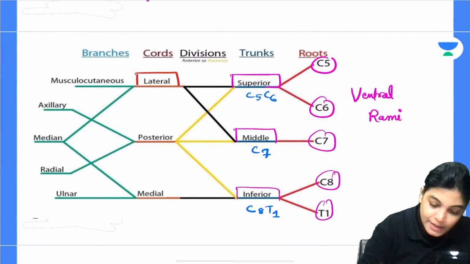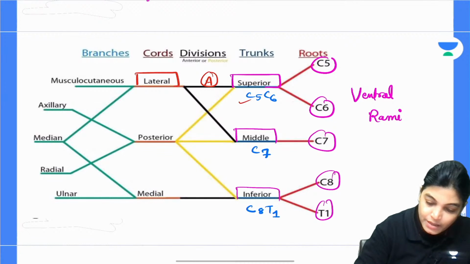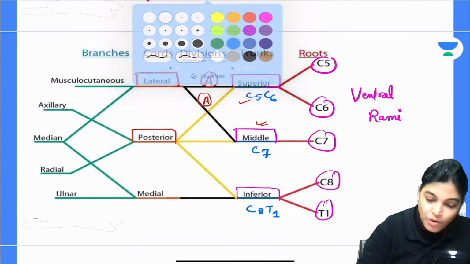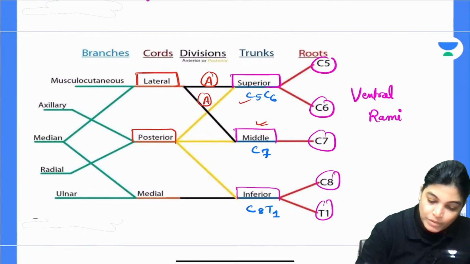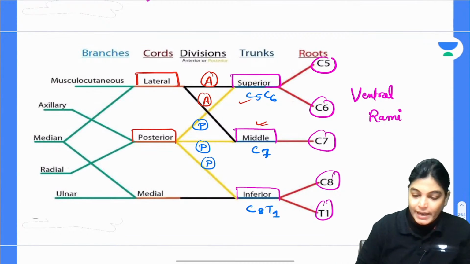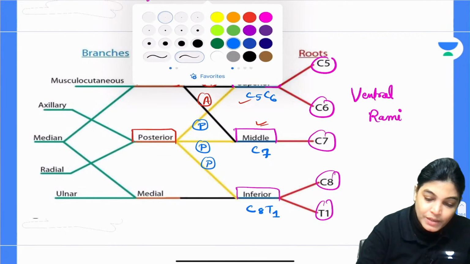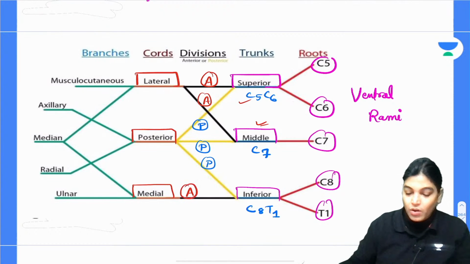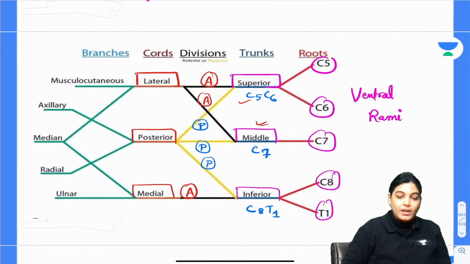Lateral cord is formed by anterior division of upper trunk and anterior division of middle trunk. Posterior cord is formed by joining posterior division of all the three trunks, superior, middle and inferior. Medial cord is formed by anterior division of lower trunk.